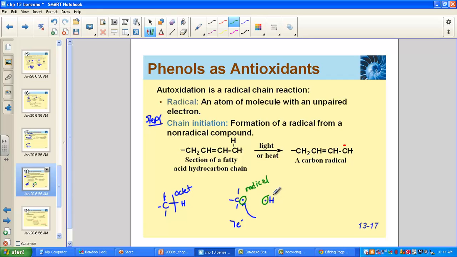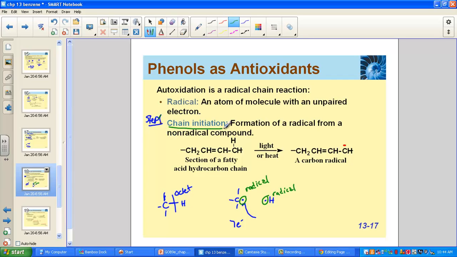But this unpaired electron creates a radical of hydrogen. A radical is any molecule that's broken a bond, and the site there where it was broken has an unpaired electron. That is the position in which a new bond will form. So step 1 of oxidation is creating a radical, a site of attachment.